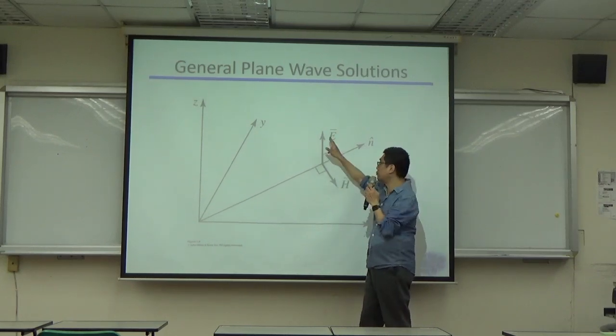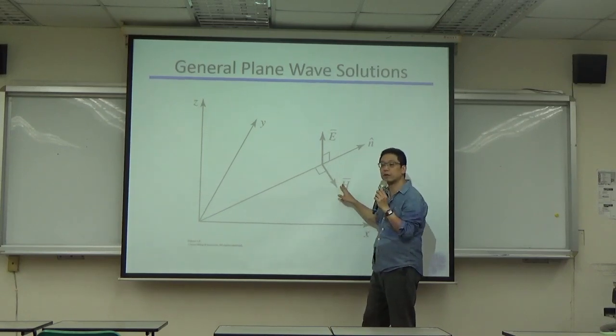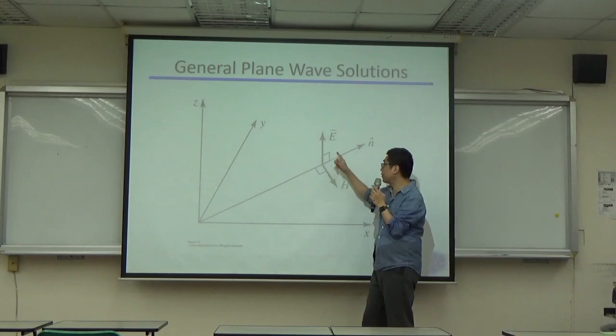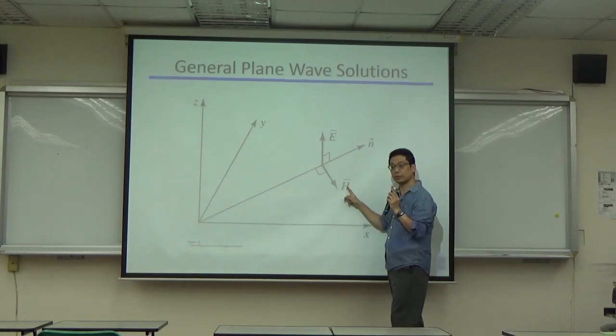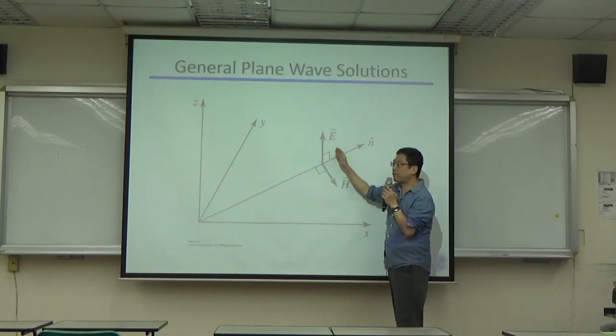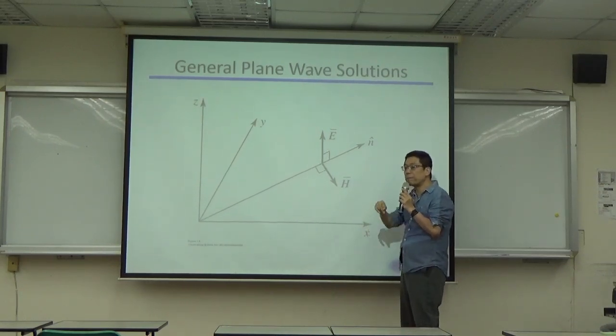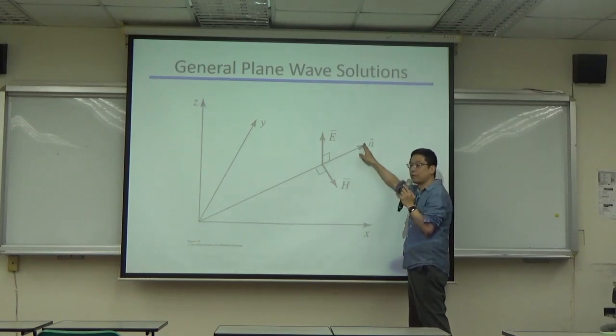If you have an electric field, you will also have a magnetic field according to your Maxwell equations. If you have E, you will have H. Together, they are moving in the perpendicular direction.